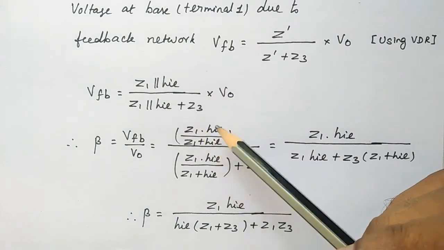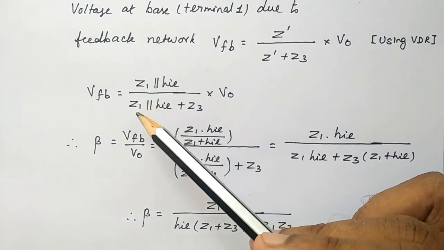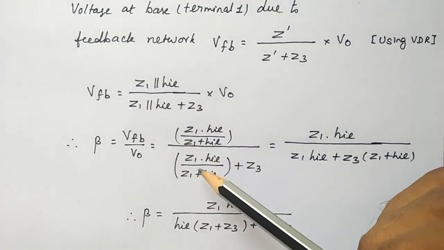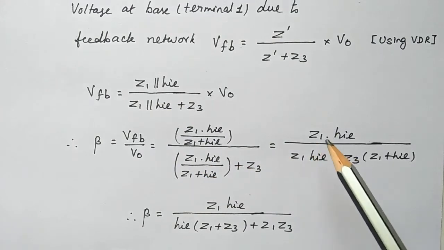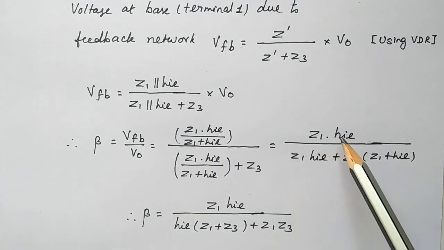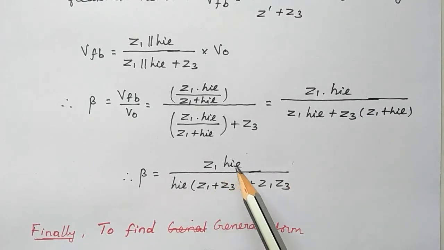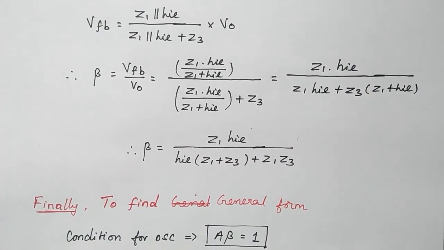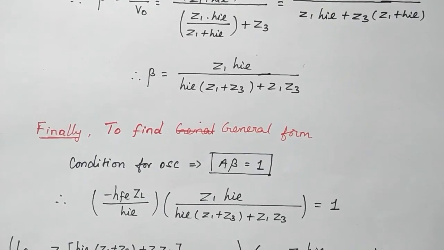This parallel combination can be expanded as Z1 into HIE divided by Z1 plus HIE, plus Z3. By taking the LCM of all the terms, we get Z1 into HIE divided by this. So finally we can write beta is equal to Z1 HIE divided by HIE into Z1 plus Z3, plus Z1 Z3.